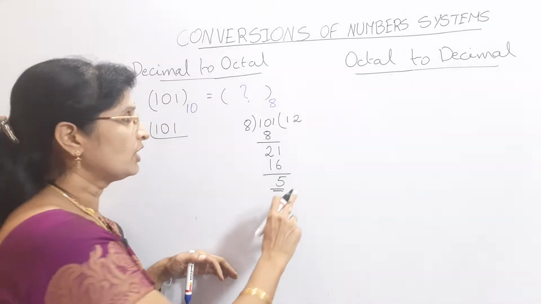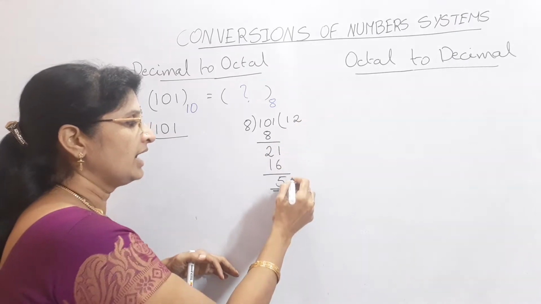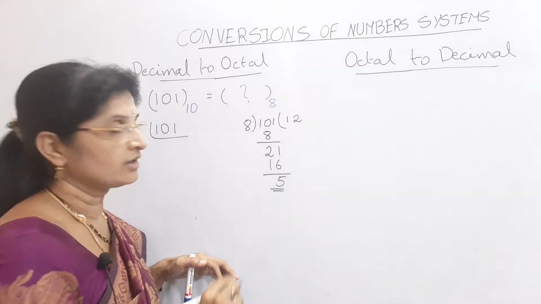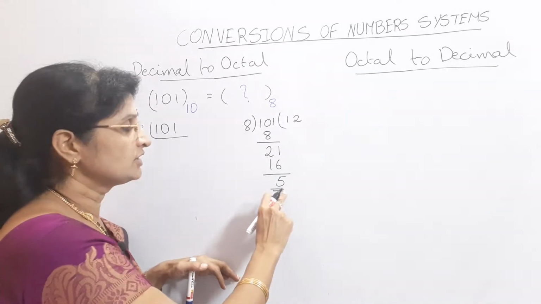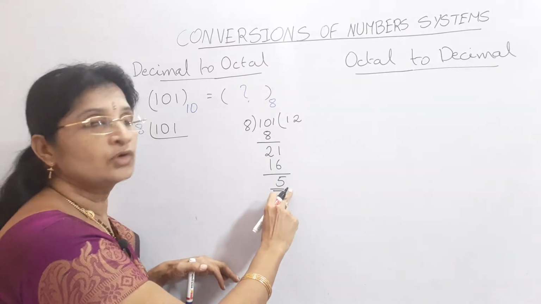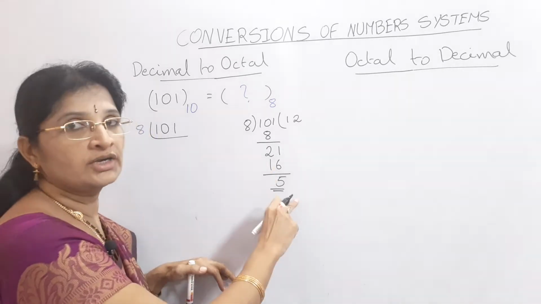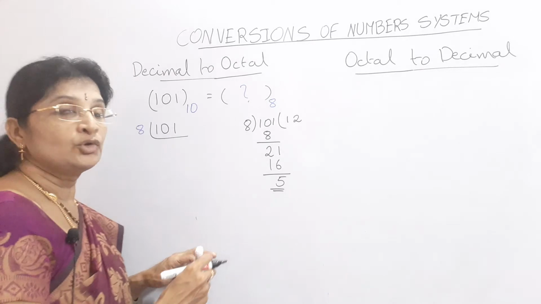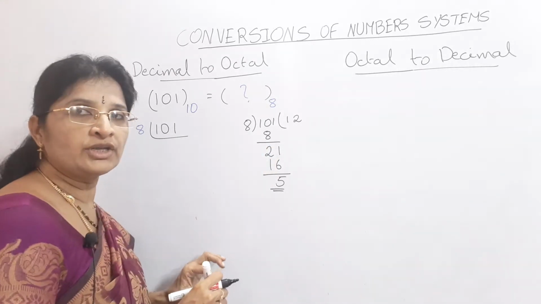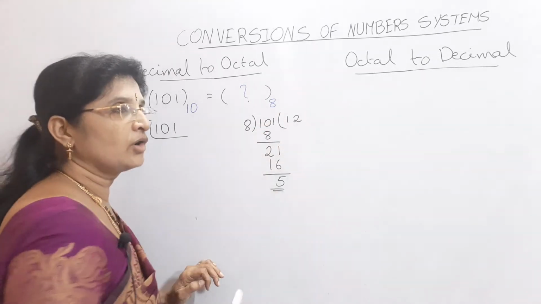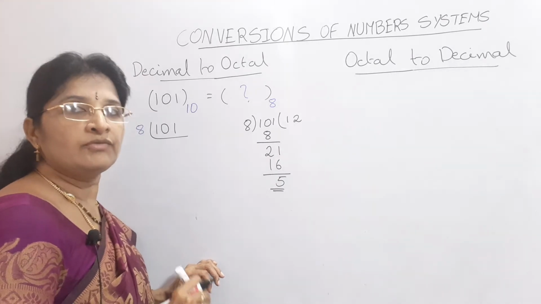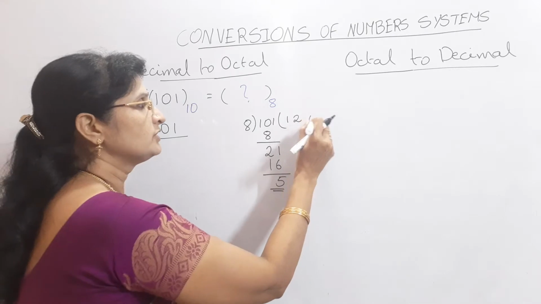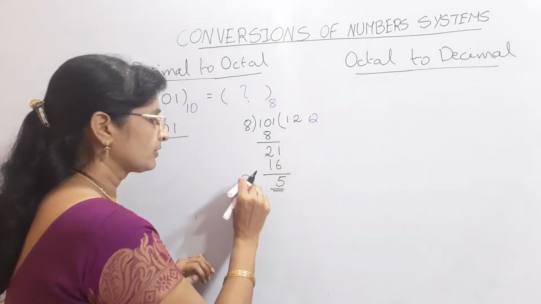Placing a decimal here and adding a 0 here will be only for floating point division. Here the division stops if the number is not divisible. 5 by 8 is not divisible, so the division stops here. So here we will get two answers. In floating point division we concentrate only on the coefficient, but here we concentrate on both, the coefficient and the remainder.